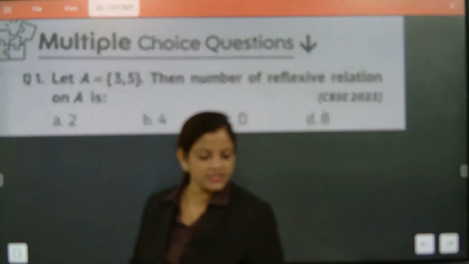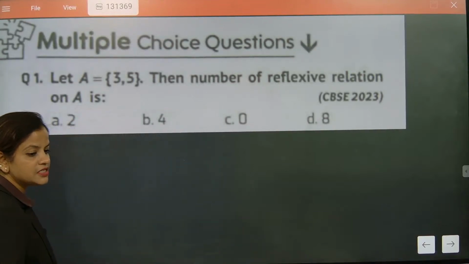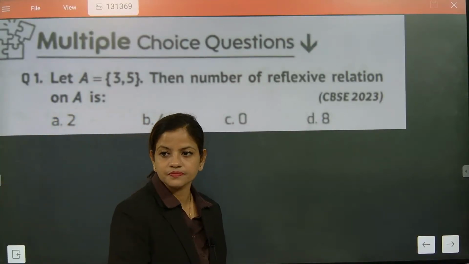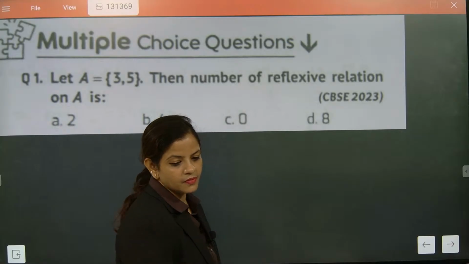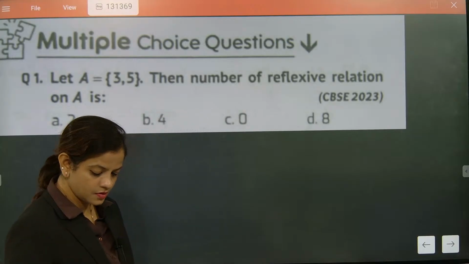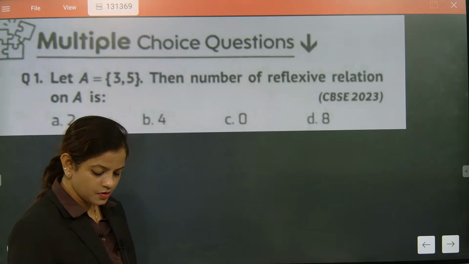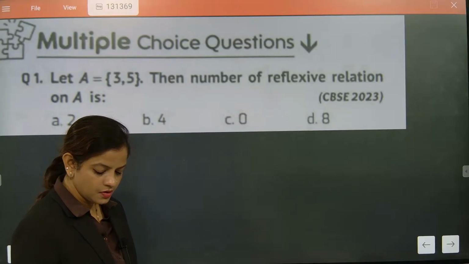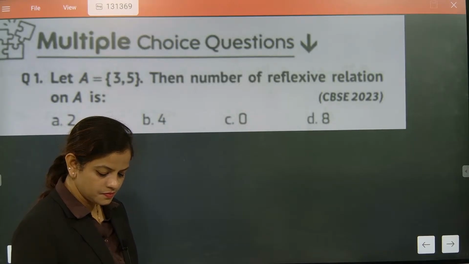A is having two elements. Then reflexive relations on A, how many reflexive relations are possible? 0.